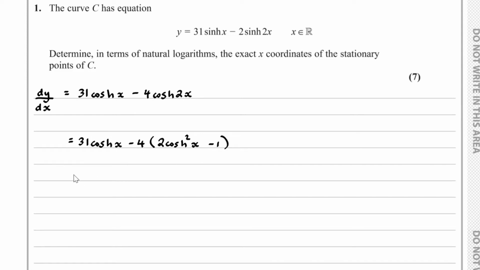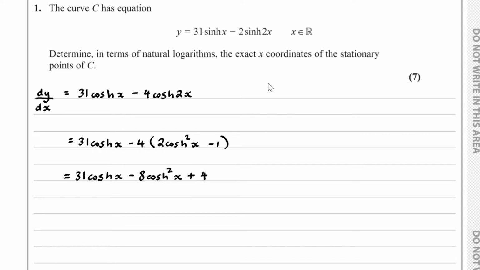If we tidy this up even more, we end up with 31 cosh x minus 8 cosh squared x plus 4.